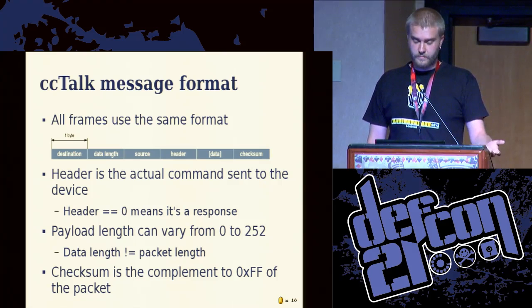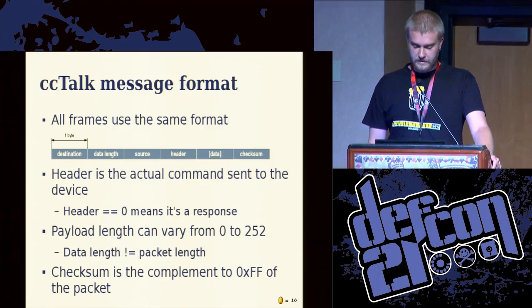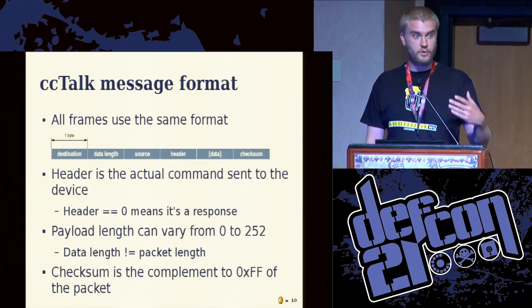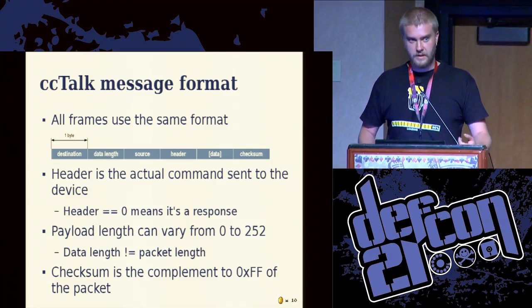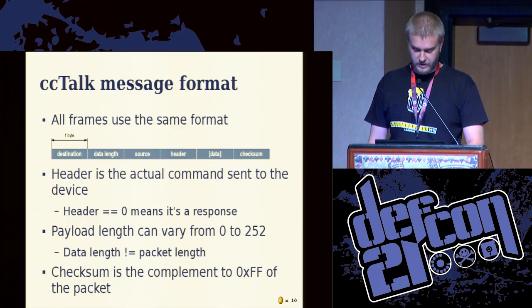The header is the command that you send to a device, and if the header is equal to 0, it means it's a response. So you don't actually have a response to what, so you need to know what you asked to get the correct answer. The checksum is a simple checksum: it's just the complement to 255 of the whole packet.